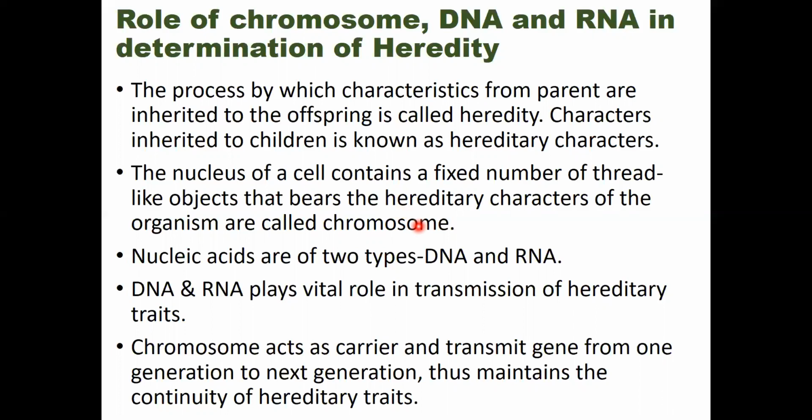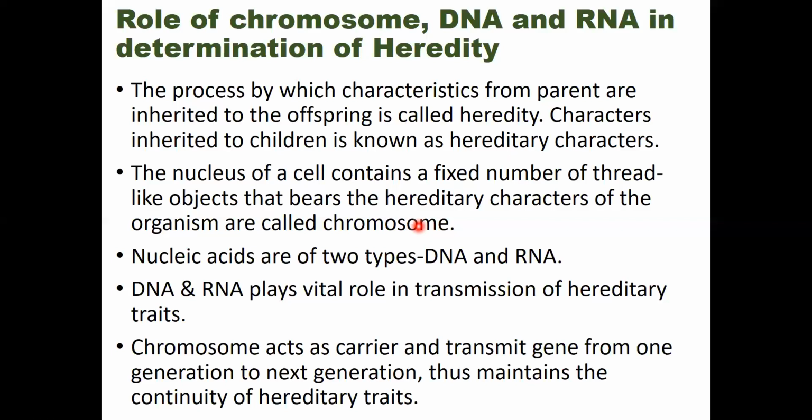It is proved from different experiments that parts of a DNA act as a gene. Okay, and that's why DNA itself is a gene. DNA is directly transmitted from parents to the progeny, from parents to the offspring. So that's how characteristics pass from father and mother to their offspring.